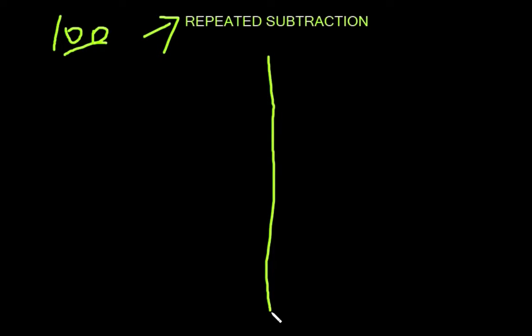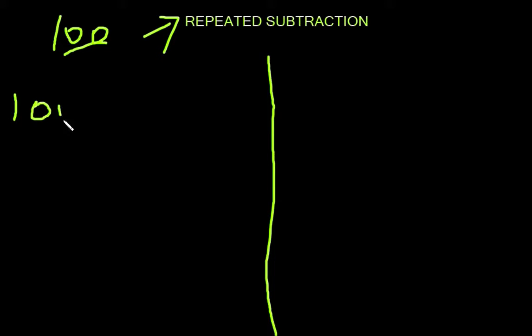Let's see one more example. The number is 100. We have to find the square root of 100 using the repeated subtraction method. I told you, for repeated subtraction, we need to use the sequence of odd numbers: 1, 3, 5, 7, etc. Let's take the question number, that is 100.